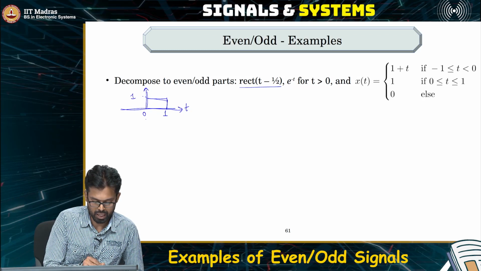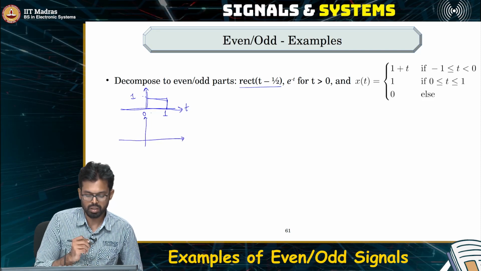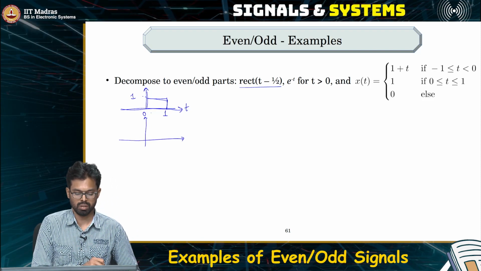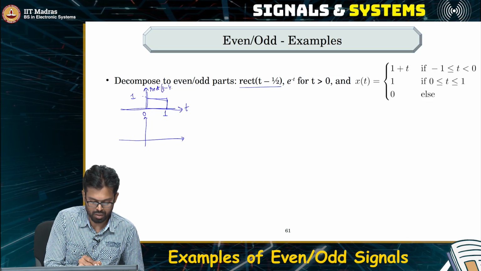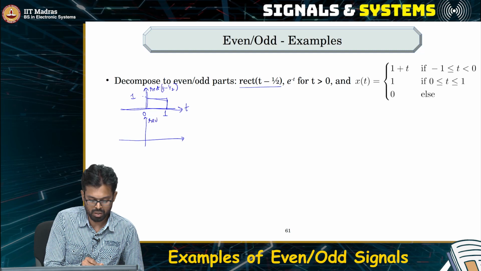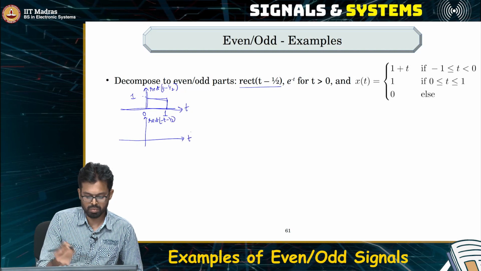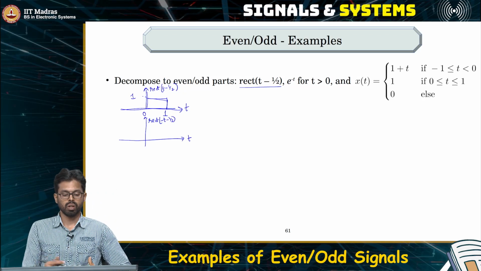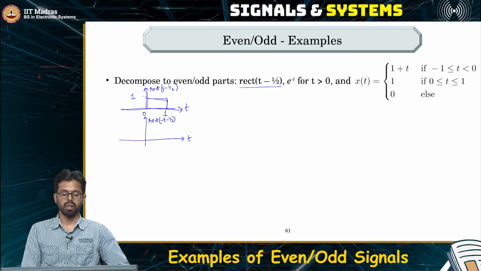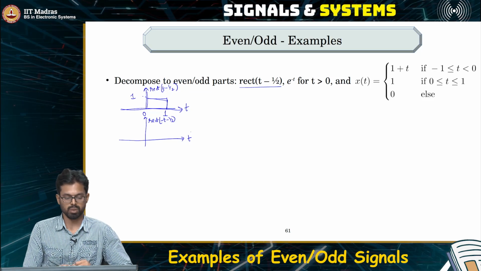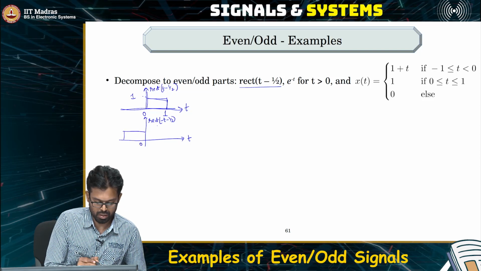Remember, we have to add this with the time reversed version. So this is rect of t minus half. The time reversed version that we want is rect of minus t minus half. This is where all your skills of shifting in time and scaling in time are going to be helpful. Now we have to scale in time with minus 1, which is basically time reversal, just the reflection here.